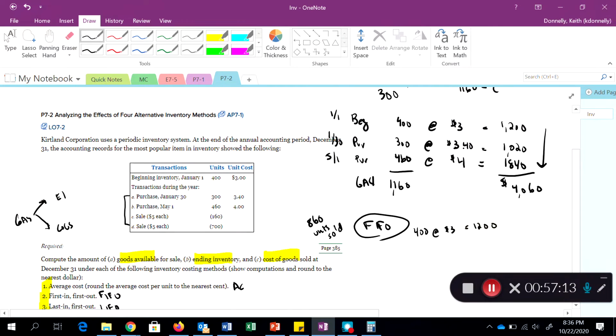So that's 1,200. Then we would have 300 that cost us $3.40 each. So that's 700. We got to take care of 860. So that means we got 160 that we got to draw from here at $4.